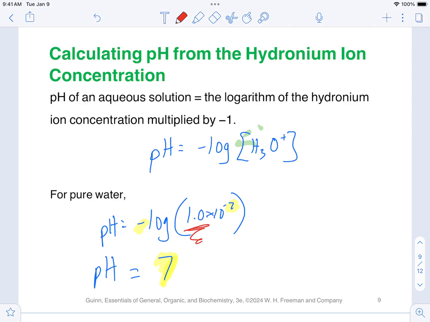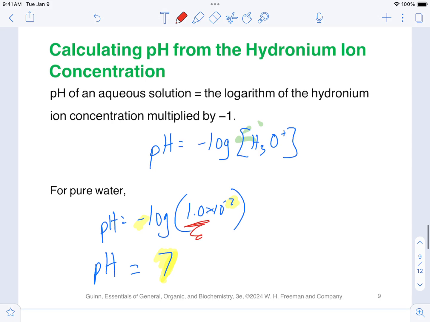So what you can infer from this is that your pH plus your pOH is equal to 14. Look at the similarity between your H3O plus times your OH minus.